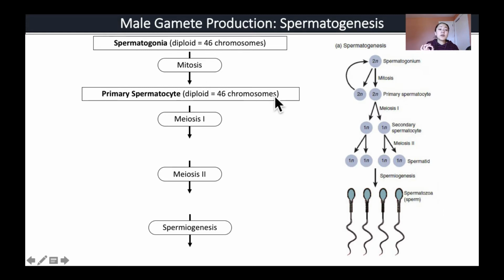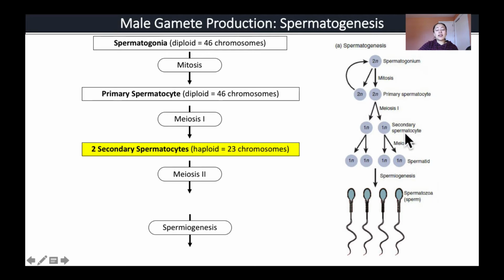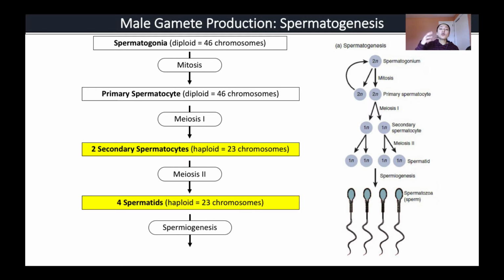Now, the primary spermatocytes are destined to become sperm. They're going to undergo meiosis 1, so each primary spermatocyte will divide into secondary spermatocytes. And as a result of meiosis 1, we go from being diploid to haploid already. Those 2 secondary spermatocytes are each going to undergo meiosis 2, a second round of division, to create a total of 4 spermatids.